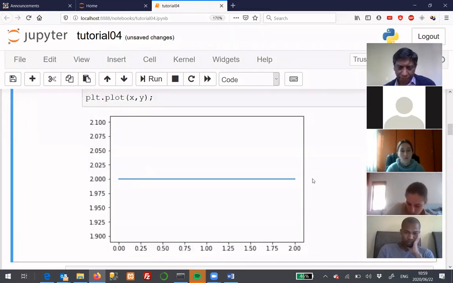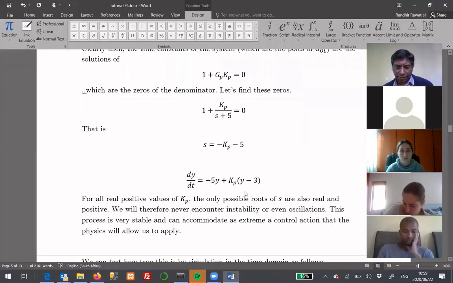Let's try a 10. So now it actually stays on a value of 2. In other words, the consumption of A in terms of that minus 5, right? Remember, our equation looks like this. So y is being consumed here. So minus 5y, we are losing y over each time unit.